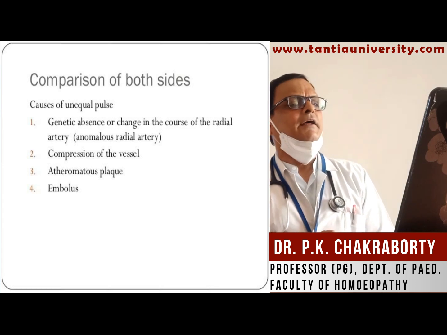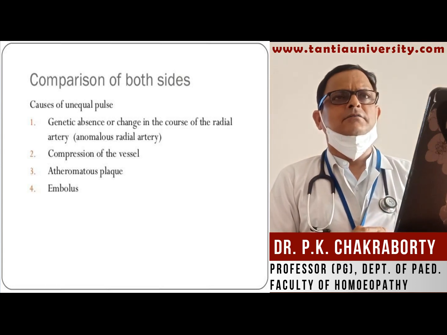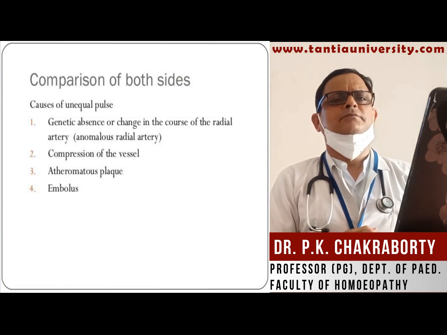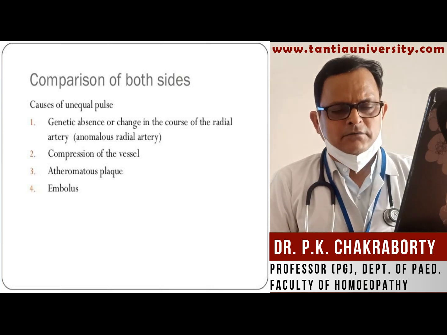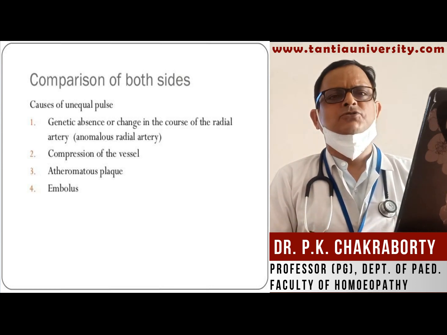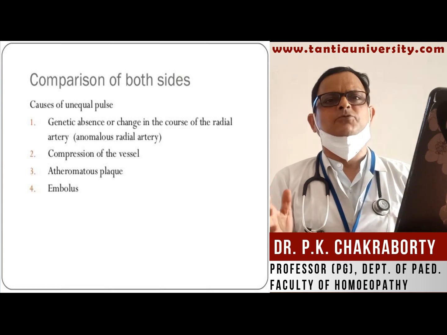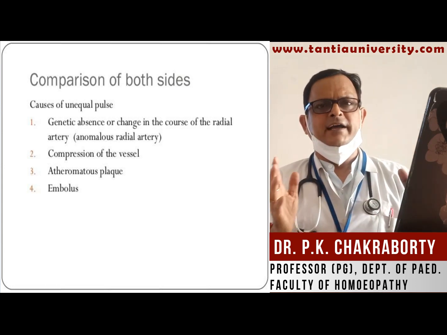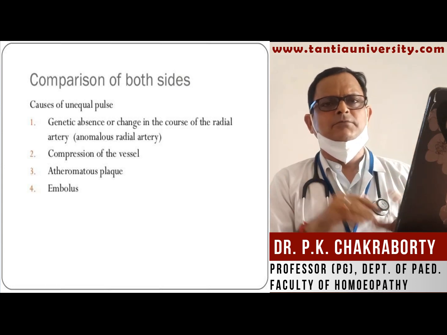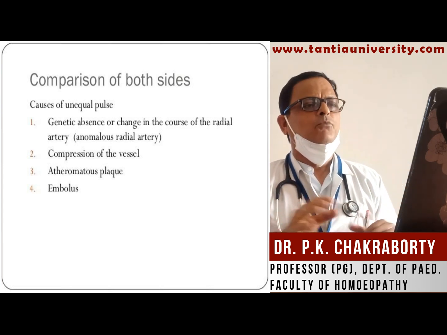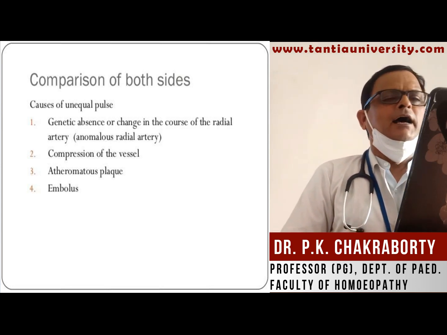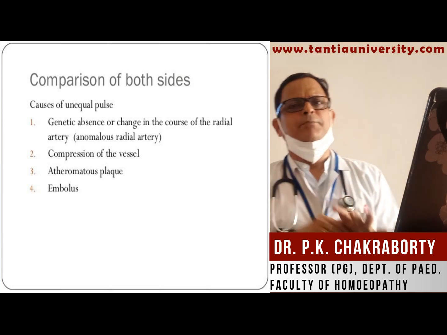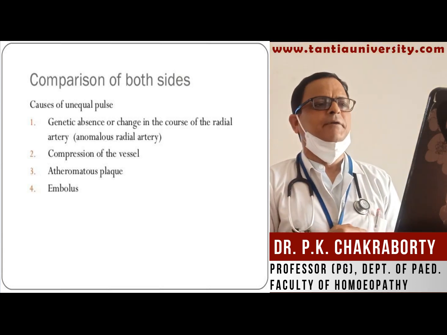We have to compare both sides of any pulsation. When we are going to check, we have to check both sides. Suppose the radial pulse of both hands, the carotid pulse of both sides. Both sides we have to check, because on one side there might be compression, and that is how some abnormality comes up.